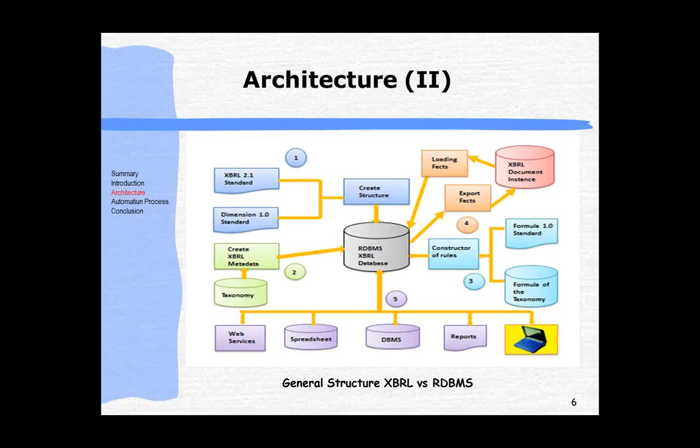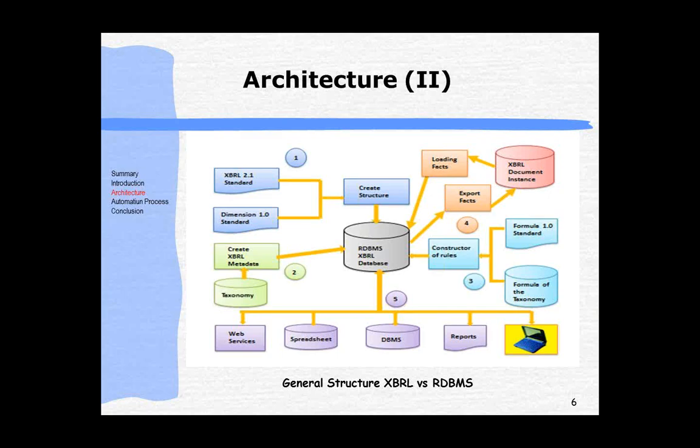After, we create the metadata, the dimensions, the attributes of dimensions. I remember the attribute of dimension in a multidimensional data model is the same as members in the XBRL data model.